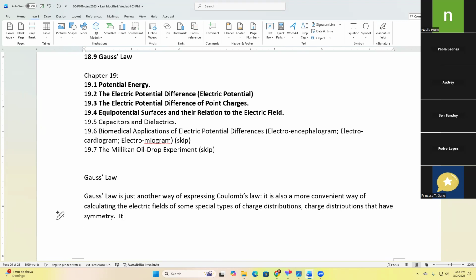Okay, it involves the idea of the electric flux that we covered before.